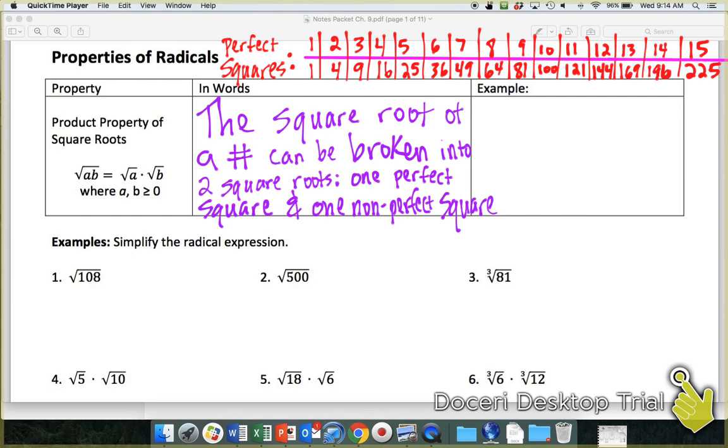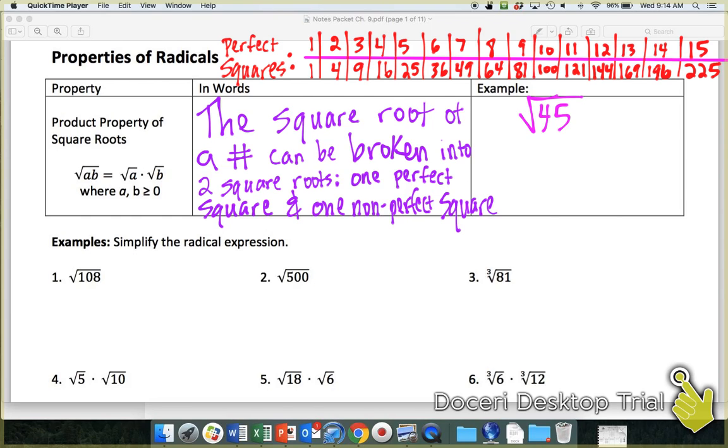Here's an example. So they give us the square root of 45. Okay, here's your process. This is the number from the bottom right here, 45. So you look, is 45 in this list? No, so it's not a perfect square, right?